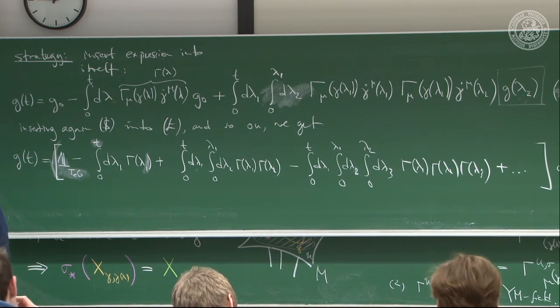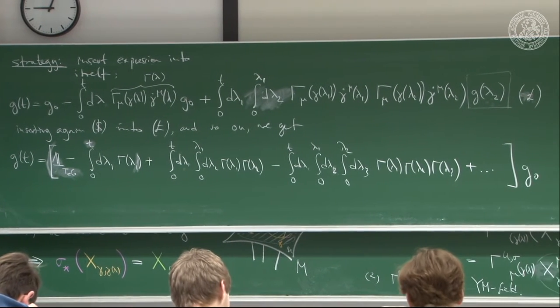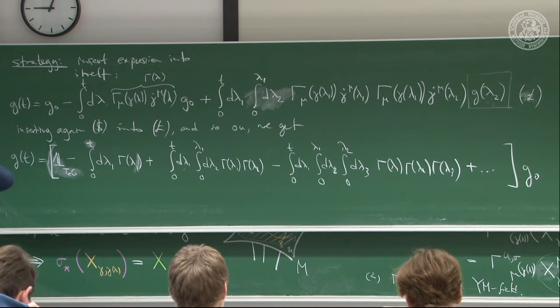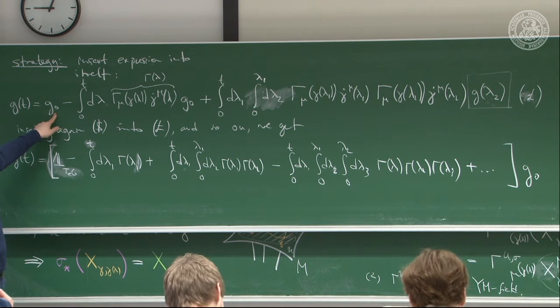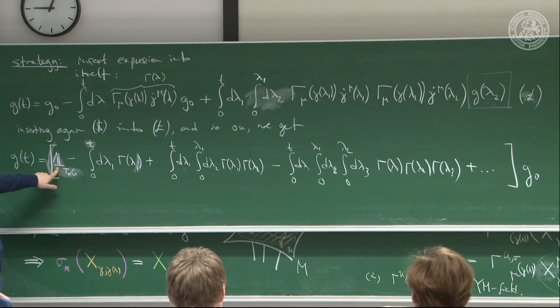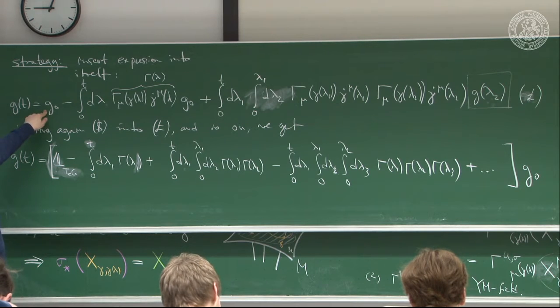Now, wouldn't it be fantastic if we got rid, or are there any questions so far? Yeah? How do we get the 1? Oh, that was this G0 here that I just reproduced by 1 acting on G0. So it's the identity acting on G0 gives you this G0.